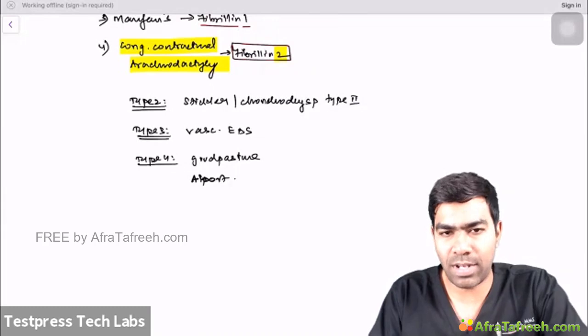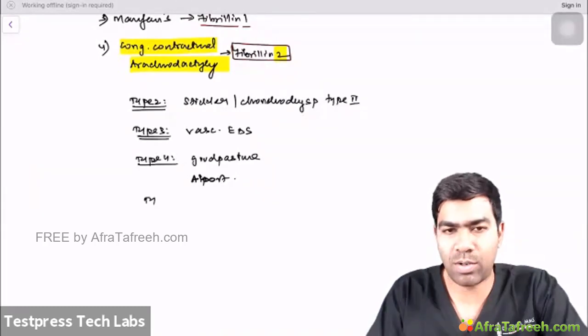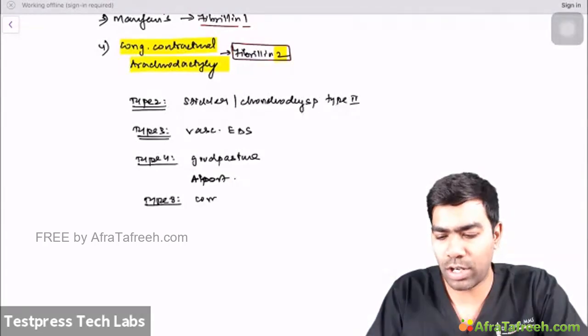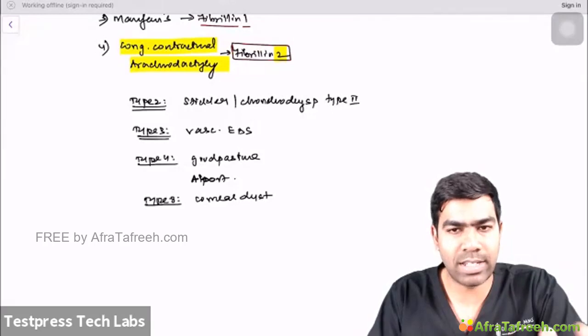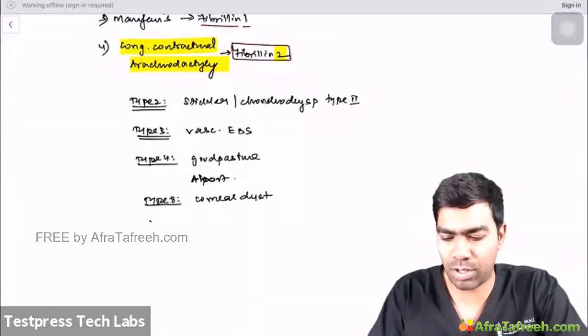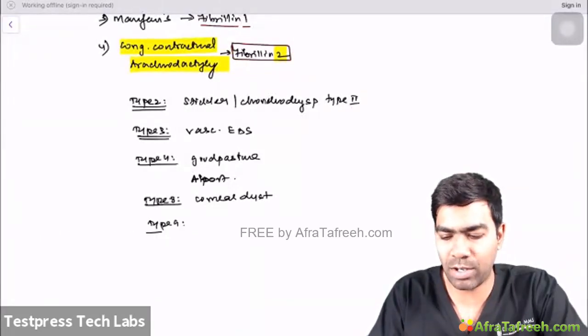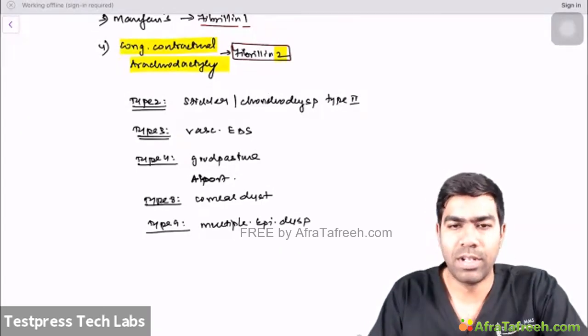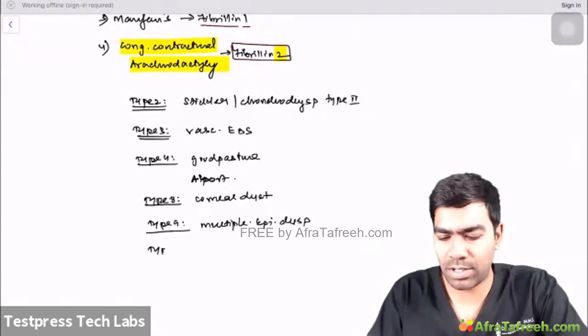And apart from that, we have problems in type 8 collagen also. In type 8 collagen, you're going to see corneal dystrophy. Type 7 we saw already, that is epidermolysis bullosa, which is a very important question. And we have type 9 collagen. The problem of type 9 collagen produces multiple epiphyseal dysplasia. And type 10 collagen.